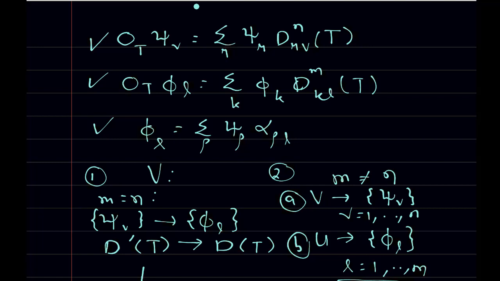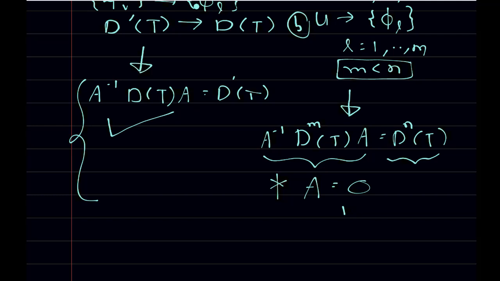Okay, let's do the derivation first, and then we will discuss the various cases. So first, remember the three equations at the top, and using these we are going to do the derivation.